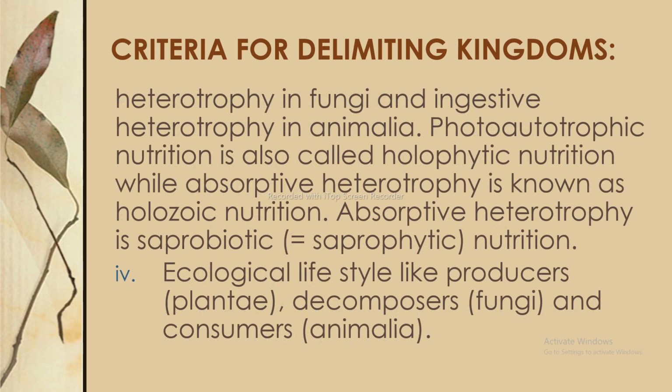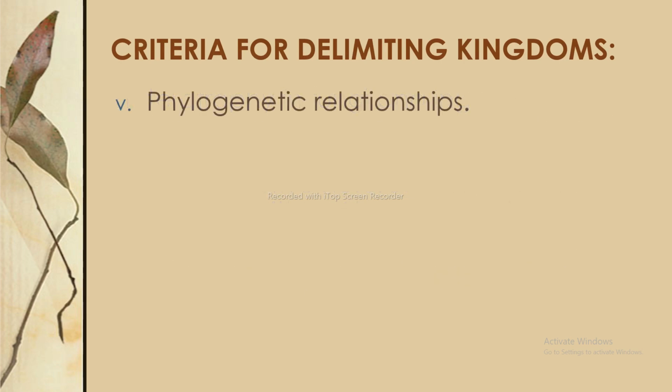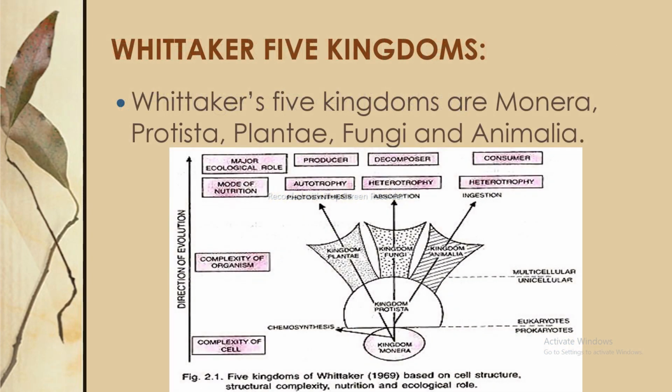Photoautotrophic nutrition is also called holophytic nutrition, while ingestive heterotrophy is known as holozoic nutrition. Absorptive heterotrophy is saprobiotic or saprophytic nutrition. Fourth is the ecological lifestyle, like producers, Plantae, decomposers, fungi and consumers, Animalia. And fifth, phylogenetic relationships.